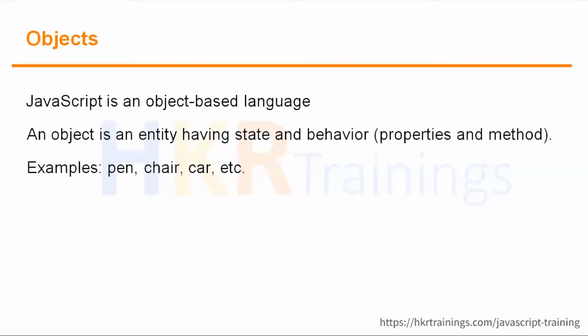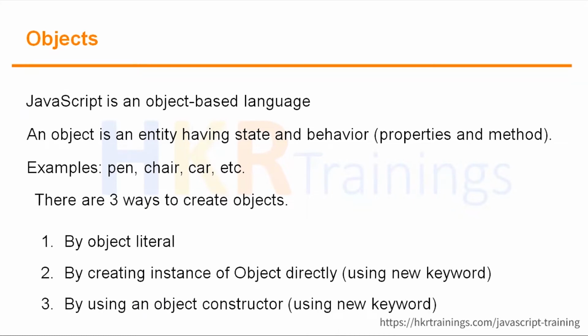So now let's go to objects. Everything in JavaScript is object based. Let's say you are watching this video, that is an object, because you will be watching either through mobile or some kind of virtual device. So that will be considered an object. There are three ways we can create objects. One is object literal, and the remaining two look similar but they are not.